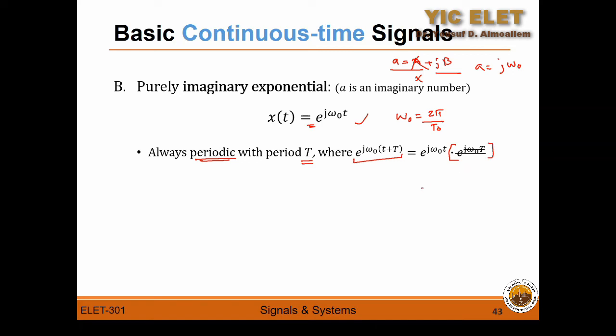Let's consider that omega naught is multiplied by T here. The T multiplied by T goes away, so the entire thing becomes j times, this is taken off, this is taken off, and what is left is 2 pi.